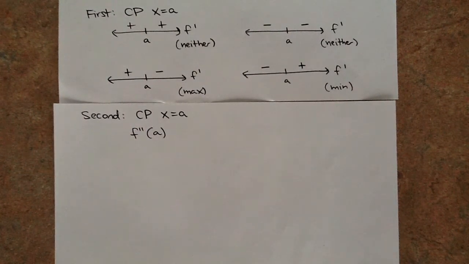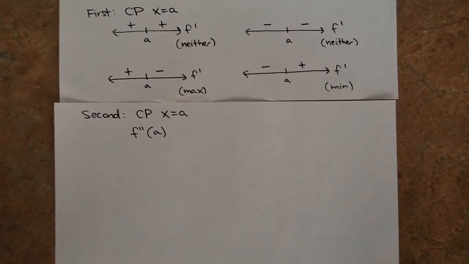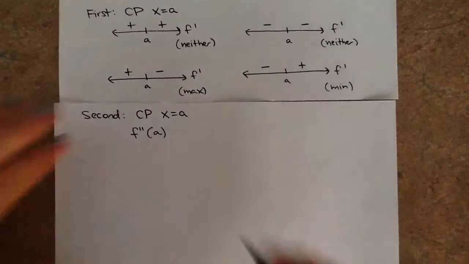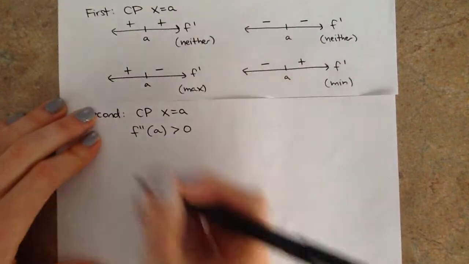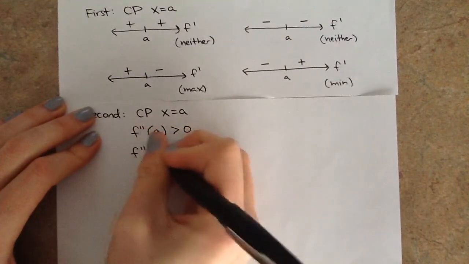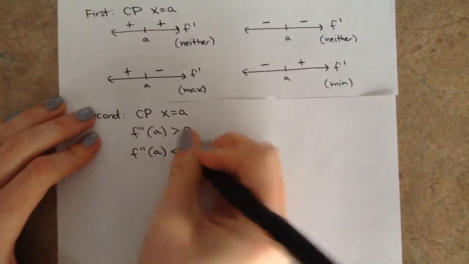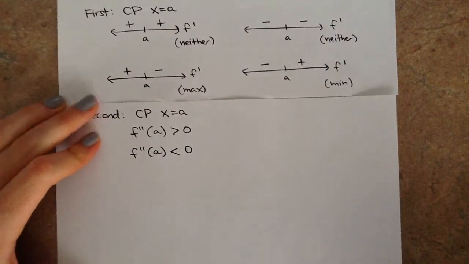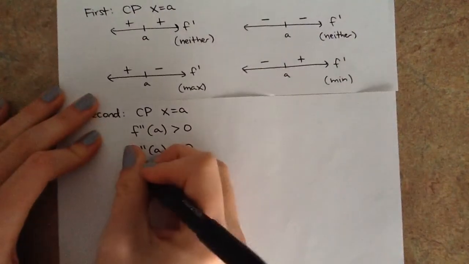Not 2. Not 1. 3. Really good guessing, guys. What are the 3 outcomes that you could have? Greater than 0, less than 0, equal to 0. We just kind of played process of elimination right there, guys, but we got to 3.